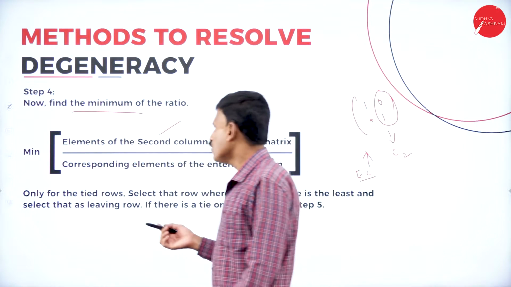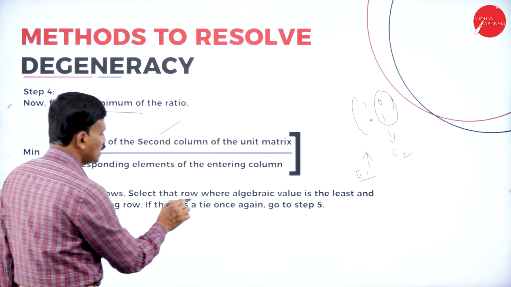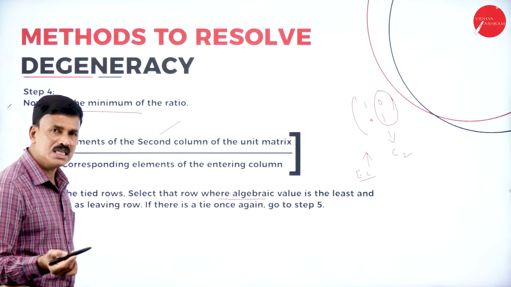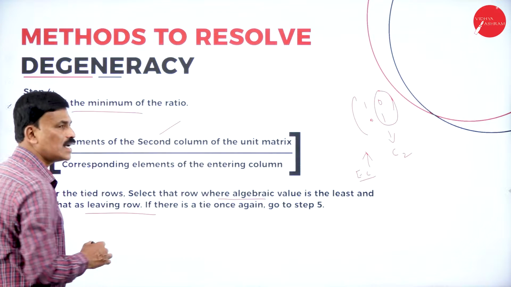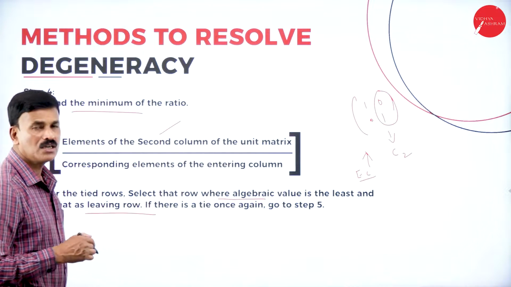Now similarly, only for the tied rows, select the row where the algebraic value is least and select that as the leaving row, the outgoing row.